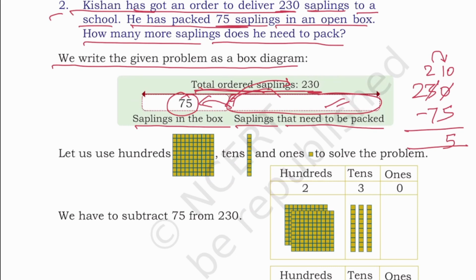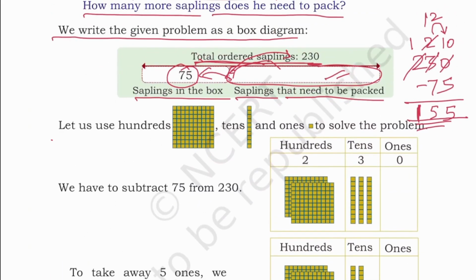And 7 cannot be subtracted from 2, so 1 should be taken from the hundreds place and given to the tens place, which becomes 12. 7 subtracted from 12 gives you 5, and the 1 is written just below. 1 subtracted from 2 gives you 1. The answer is 155.